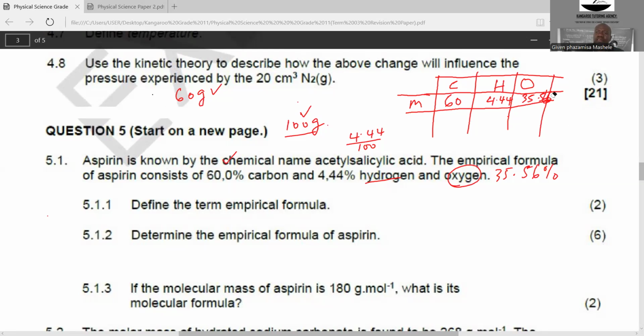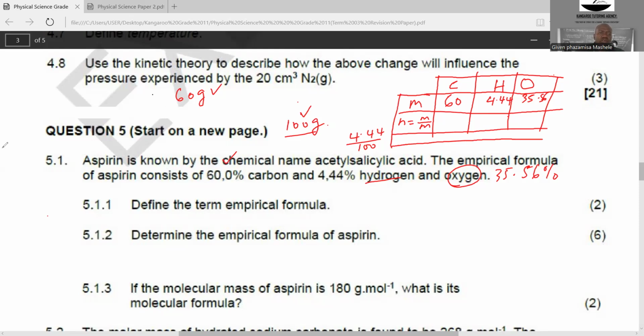Now, with this, we have to determine the number of moles of each element. To determine the number of moles, it is mass over molar mass. So we have to use the formula of mass over molar mass in order to get the ratio.